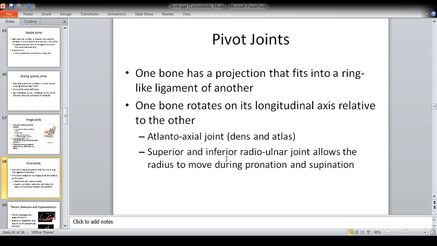This joint is also present at the superior and inferior radio-ulnar surfaces, which allows the radius to move during pronation and supination, that is movements of the forearm.